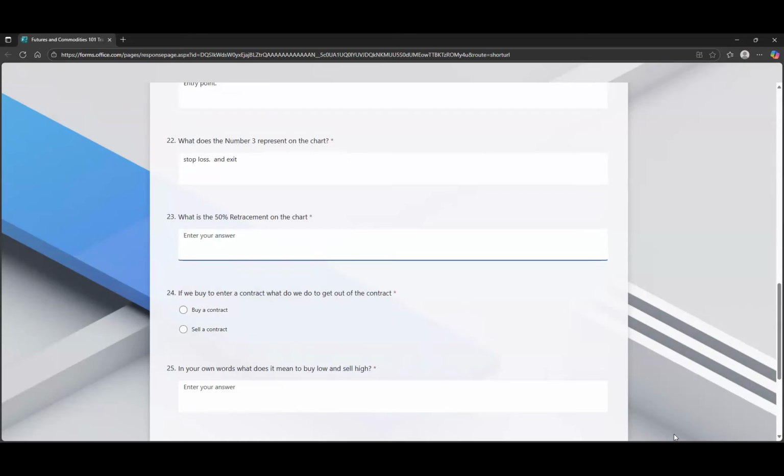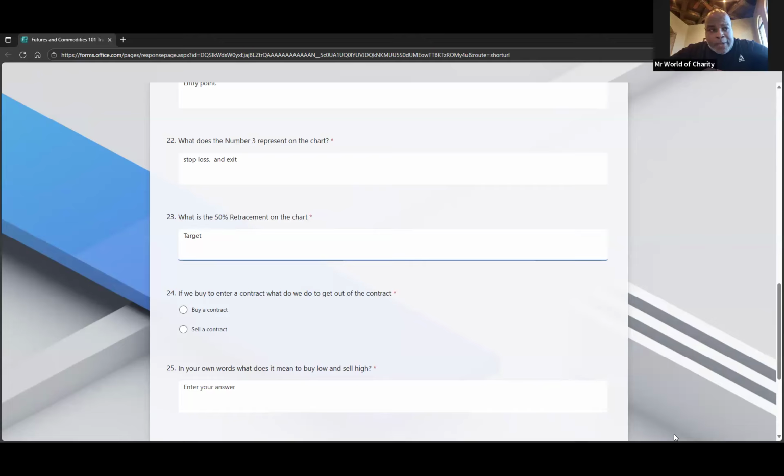Sell it. Yeah, and the target point. We're asking you what it is though. If we know we use it for our target, but what is the 50% retracement?